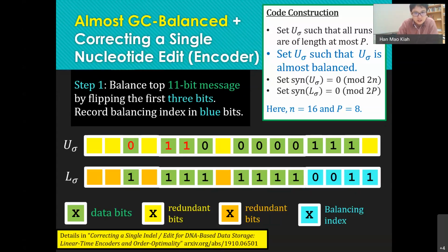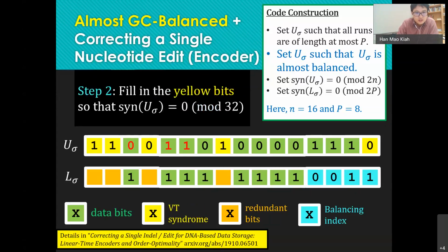Then we fill in the yellow bits so that the syndrome is what we want, which here I'm going to set as 0 modulo 32. Why this works, I don't want to go into detail, but you can check out our paper. It's not too difficult.